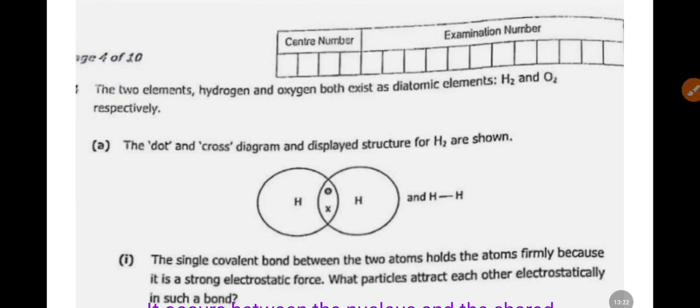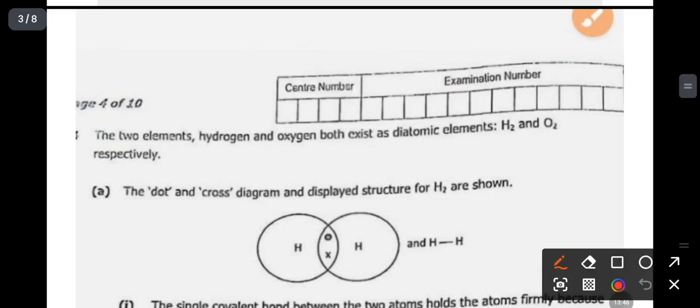The single covalent bond between the two atoms holds the atoms firmly because it is a strong electrostatic force. What particles attract each other electrostatically in such a bond? Remember, for an electrostatic force to exist, they need to be positive charges as well as negative charges.